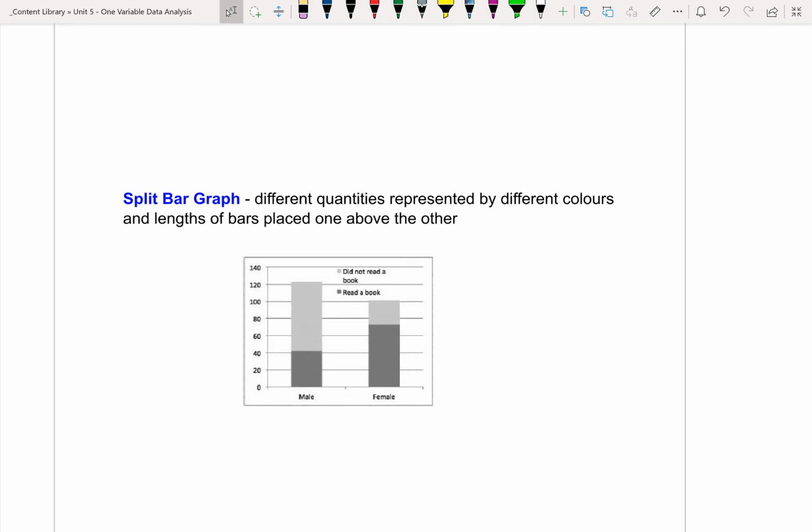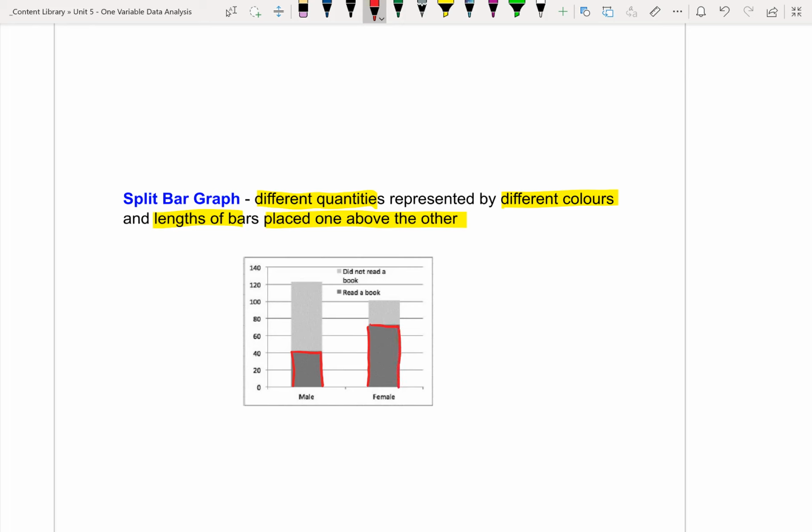A split bar graph is a graph that shows different quantities, again represented by different colors and lengths placed one above the other. So this is taking the two graphs that we've just seen, and instead of placing them side by side, it is placing them on top of each other. So it's just continuing the graph.